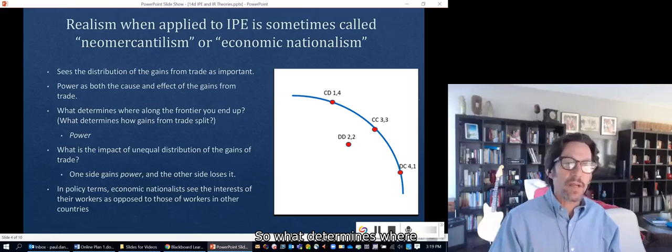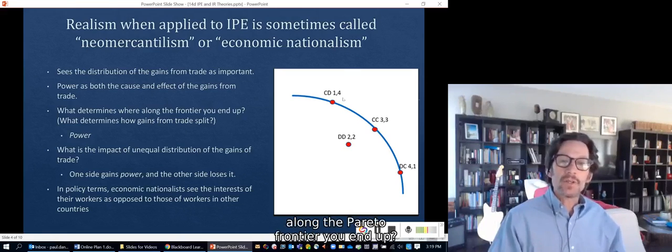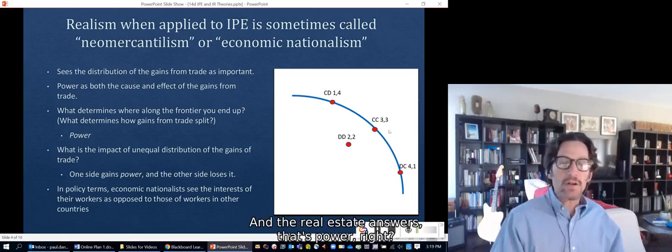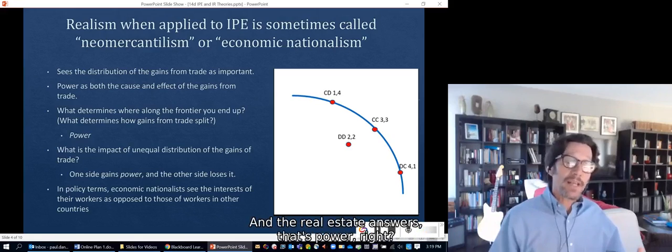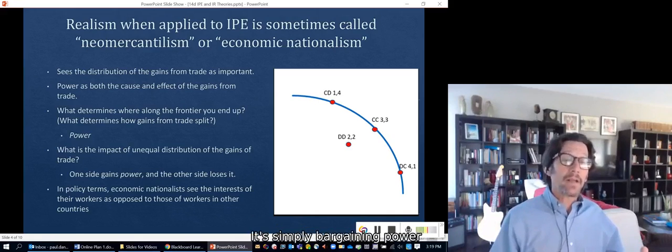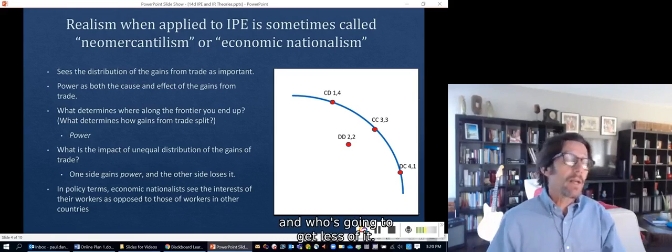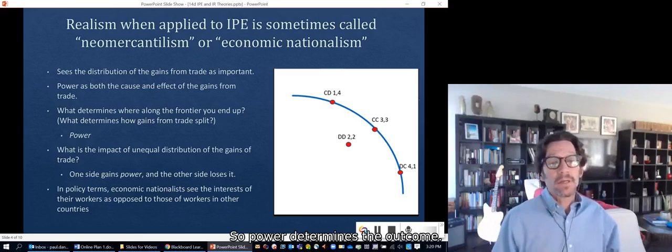So, what determines where along the Pareto frontier you end up? If you're moving from here, are you going to move to here? Are you going to move to there? Or are you going to move somewhere else? And the realist answer is that's power, right? It's simply bargaining power or perhaps military threat. Some form of power determines who's going to get most of those gains from trade and who's going to get less of them. So power determines the outcome.